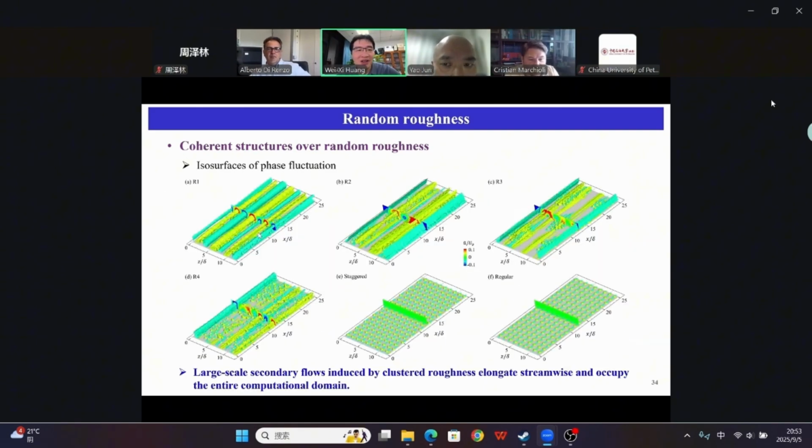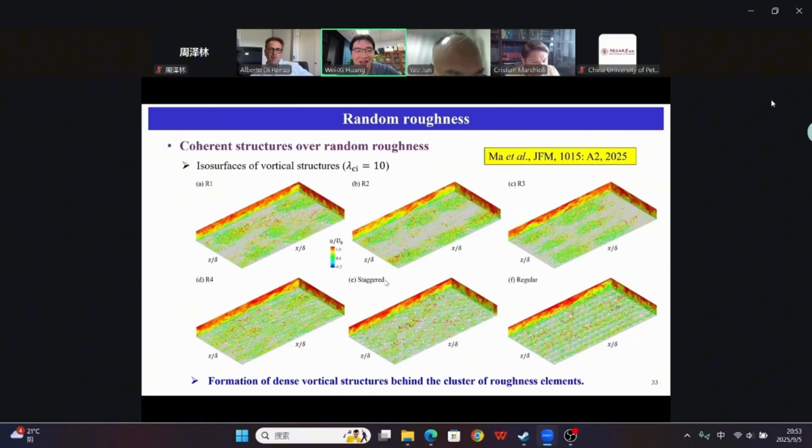Actually, here we consider 6 different cases. These are all different. This is the clustering of the roughness elements, so this is a different arrangement.